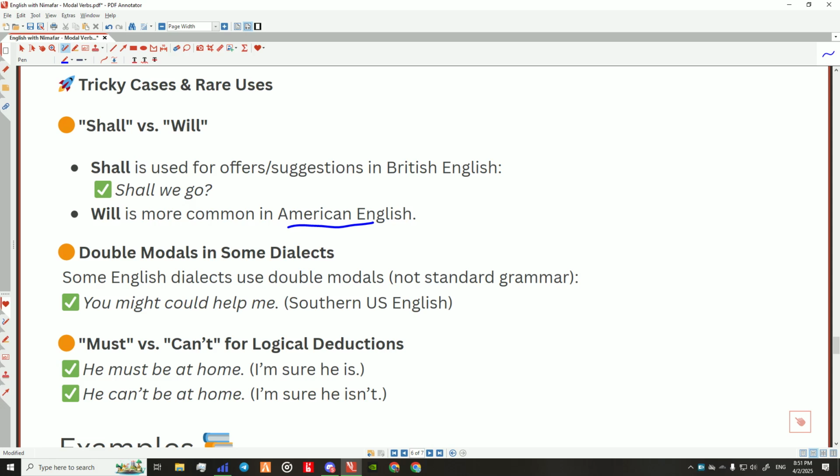If you're learning the standard one, of course we don't use double modals, but you will see some people using them, like in Southern US English. Of course they convey the message and you can understand them, but just know that it is not standard, but it's worth learning.